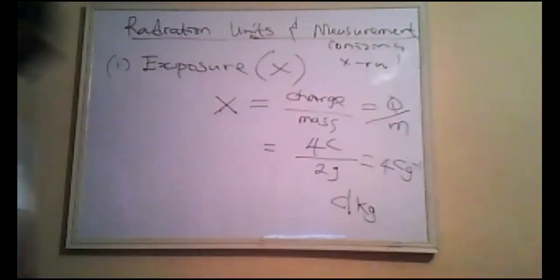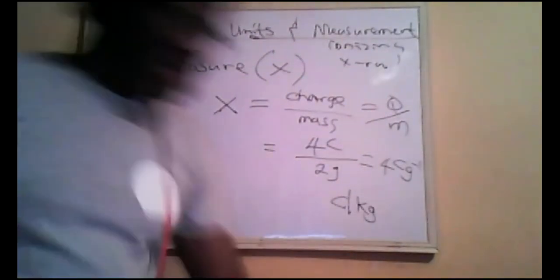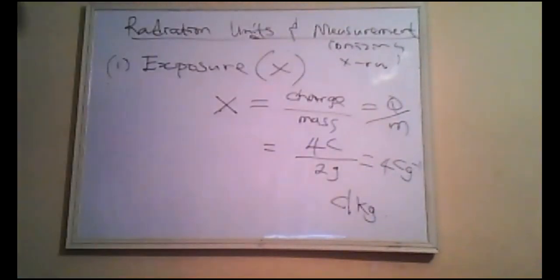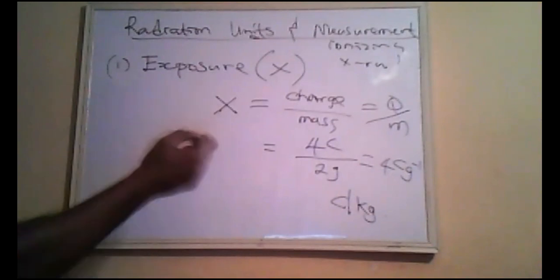Essentially, the SI unit for this is coulomb per kilogram. But it has an old unit which we still use up to date, which is given as the Röntgen.